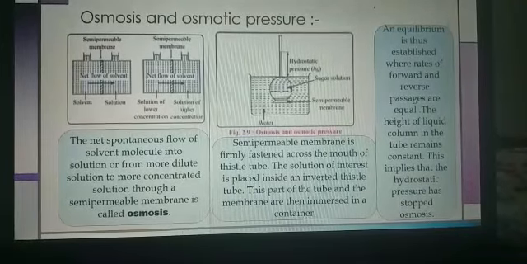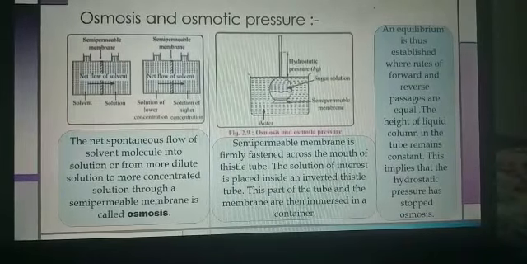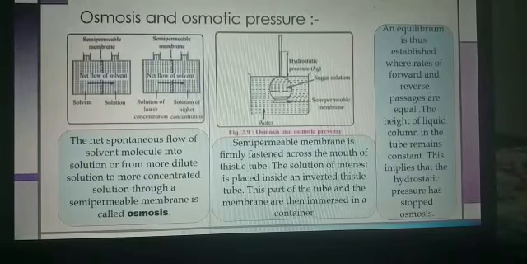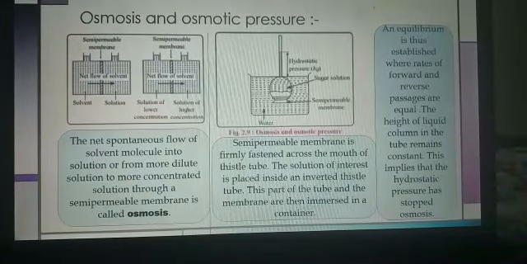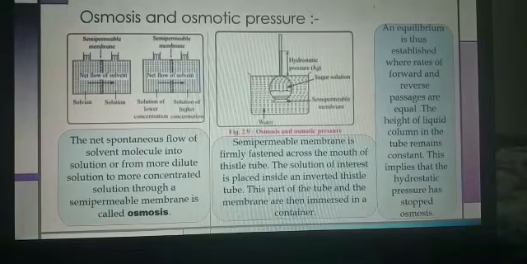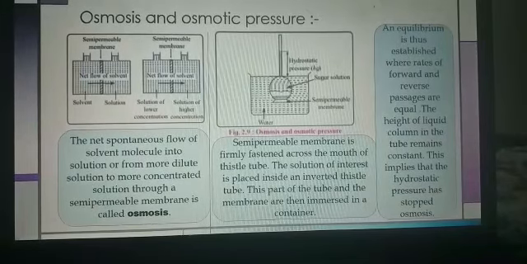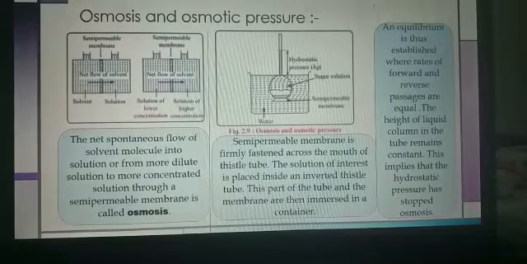The rate of the forward passage is exactly equal to the rate of the reverse passage. Therefore, the height of the liquid column in the tube remains constant because there is no change. Whatever pressure we apply for the forward, the same is required for the reverse, and hence there is no increase in the height of the liquid.